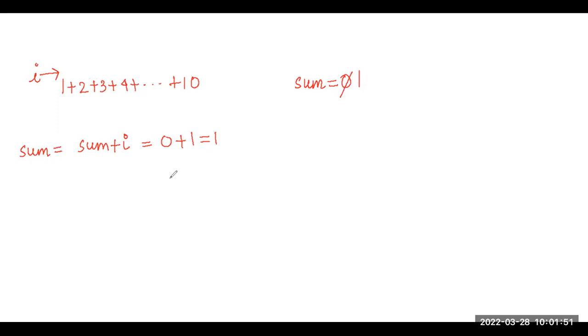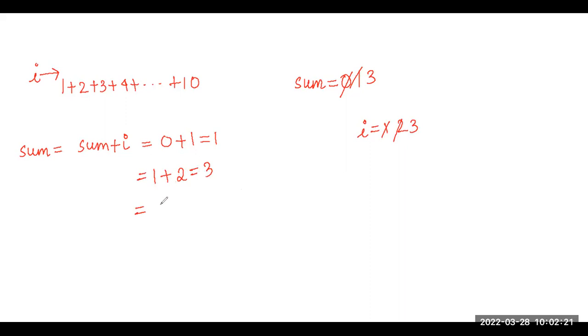Next, you do i++. You started at 1, now your i is 2. So again, sum plus i, that means your new sum is 1 plus new i, which is 2, that means 3. This is updated in the sum variable only, 3. Again i++, i is 3.